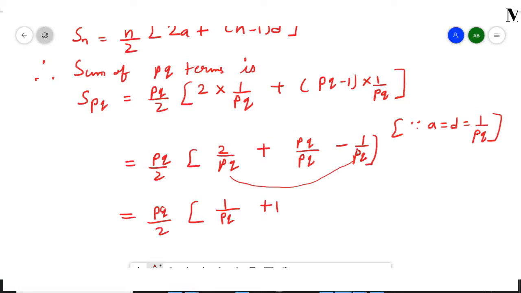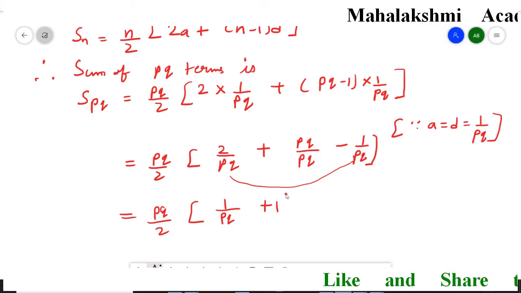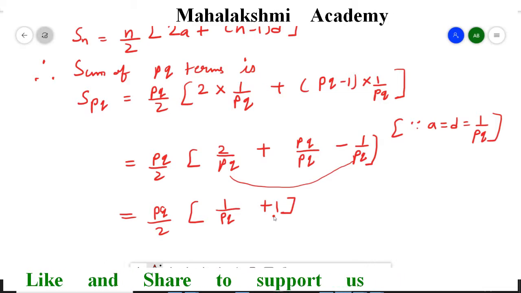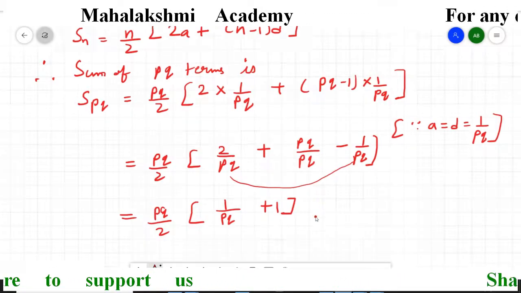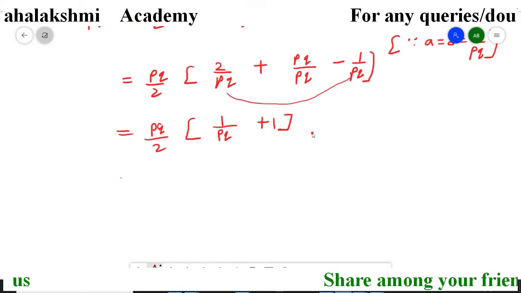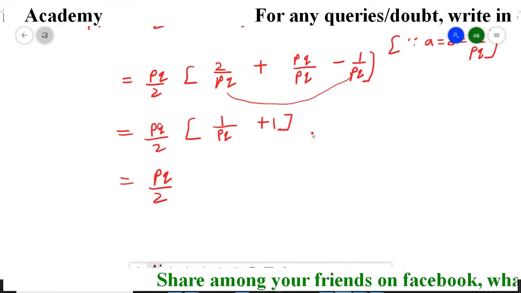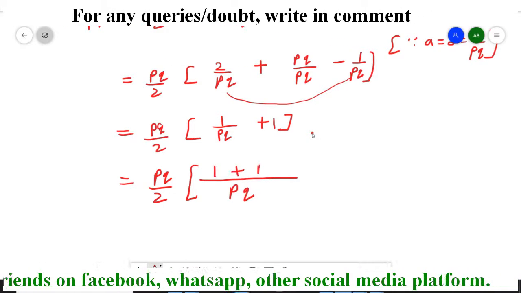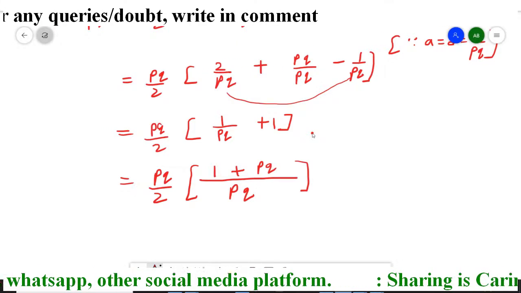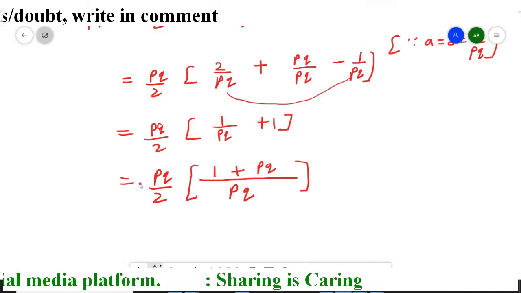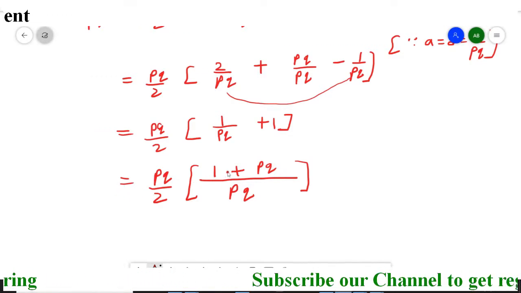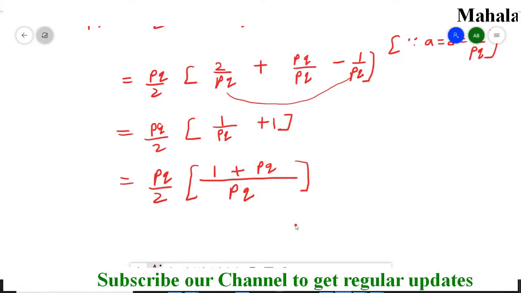Because 2 upon pq minus 1 upon pq gives 1 upon pq, and they cut, and here you are left with only 1. So now you just take the LCM. So when you take LCM in the big bracket, you get pq upon 2, LCM is pq, so 1 plus pq, big bracket close. Now this pq and this pq will get cancelled, so you remain with only half multiplied by pq plus 1.